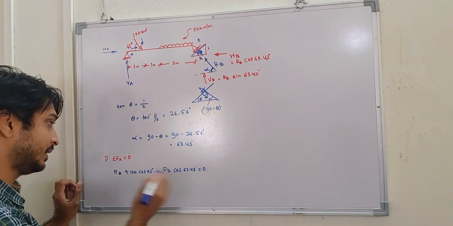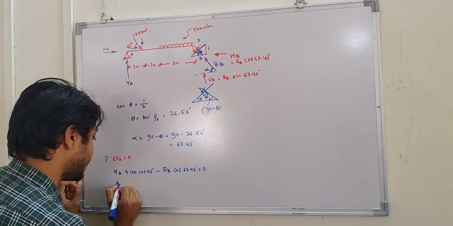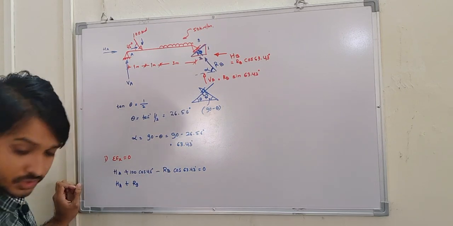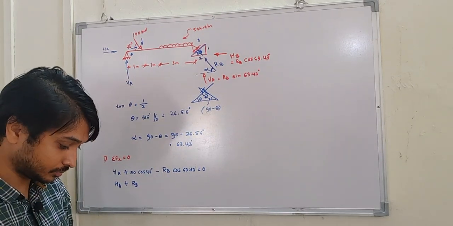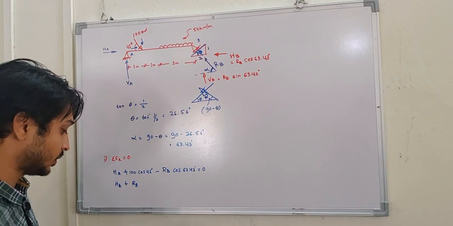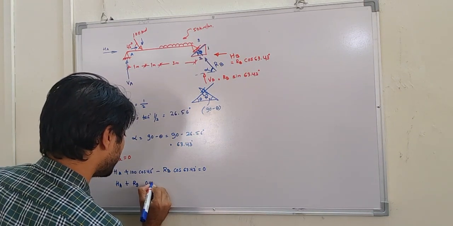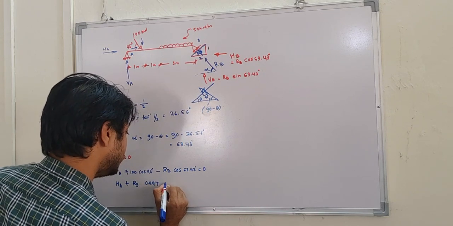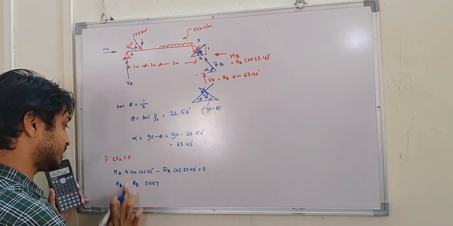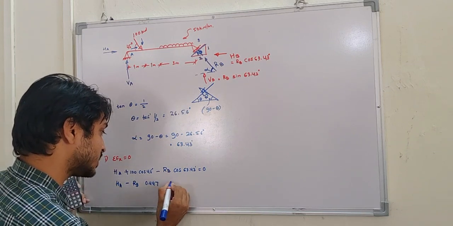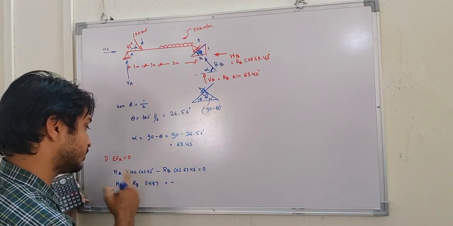If I rewrite the equation, I get HA minus RB times 0.447 equals minus 100 cos 45, if I send this to the other side.